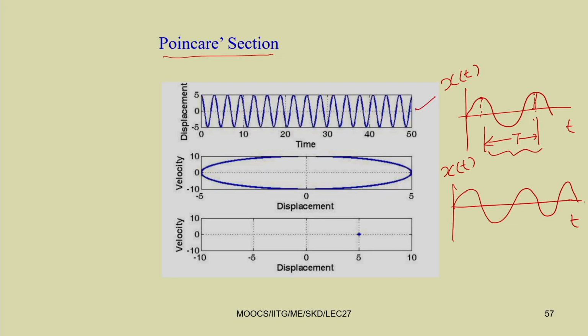If we sample it at a particular interval of time, you are getting the same point. This is the same point we are getting, and if we plot this x versus x dot, x versus x dot.